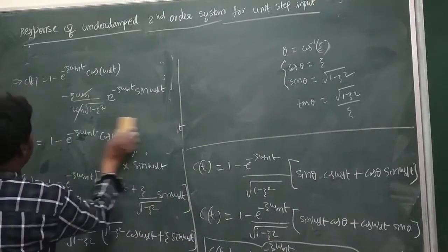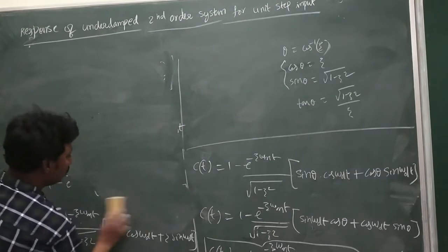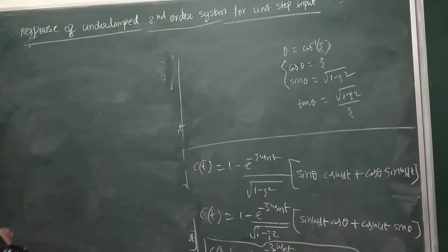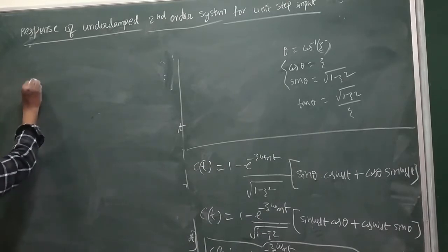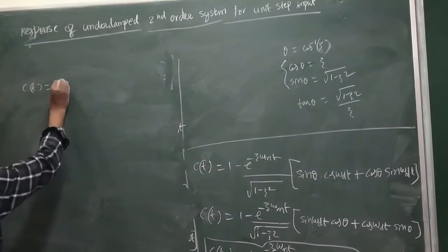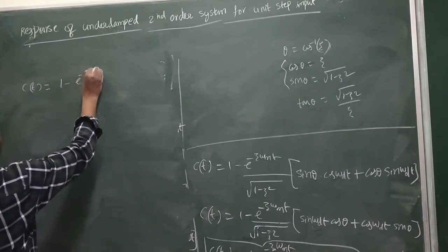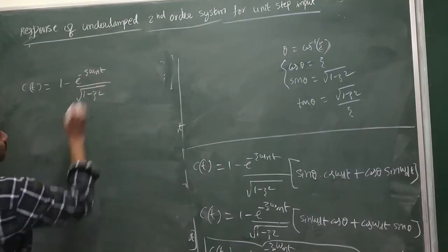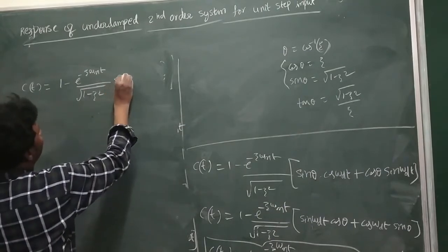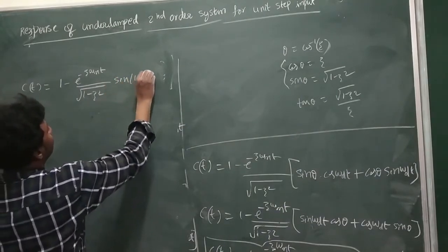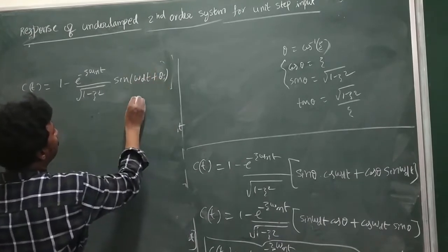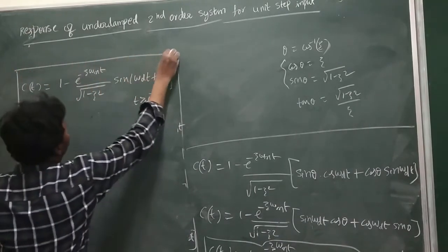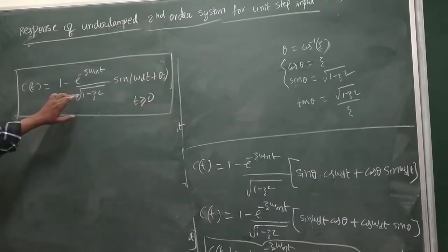So I am going to write this equation here: c of t is equal to 1 minus e raised to minus zeta omega n t by root of 1 minus zeta square sin of omega d t plus theta, where t is greater than or equal to 0. So this is the response equation for the underdamped system.